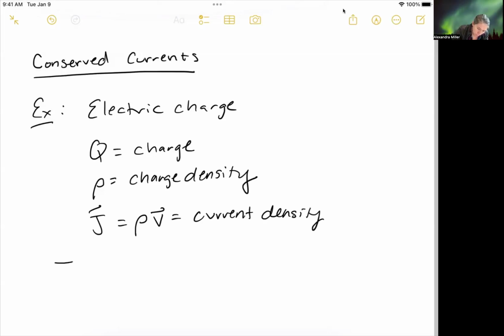And what we can do is we can combine all of this information into a 4-vector, which is now starting to look like something that's more relativistic, where the time component of our 4-vector is going to be our charge density, and then the 3-vector of our current density are the spatial components.